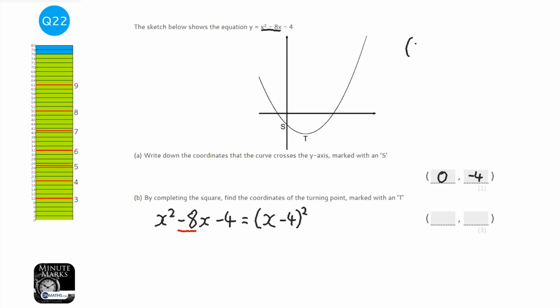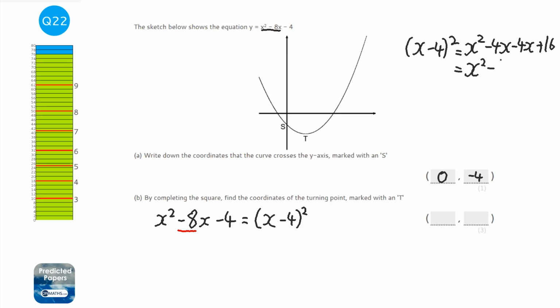Now if I expand that up here, x times x is x squared. Then you have minus 4x, and plus 16. So we get x squared minus 8x plus 16. Now, we want the x squared minus 8x because that's what the equation in the question is, but we don't want that plus 16.